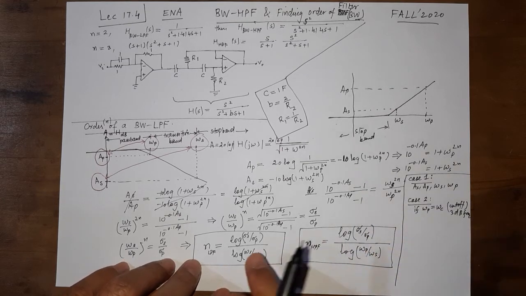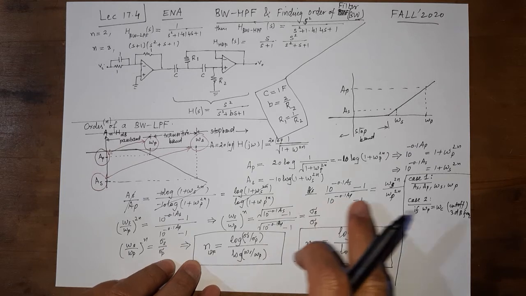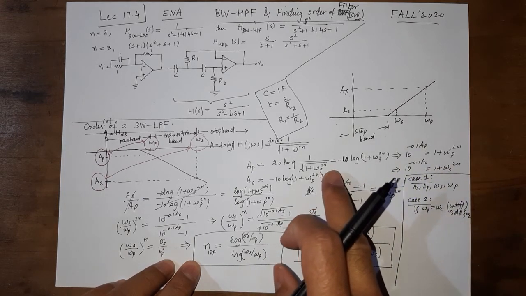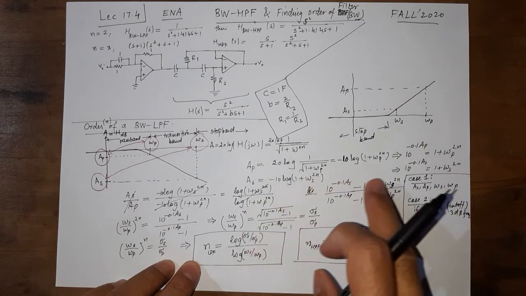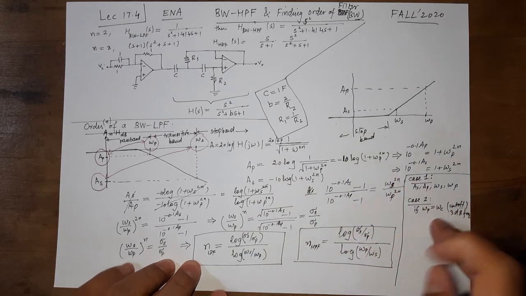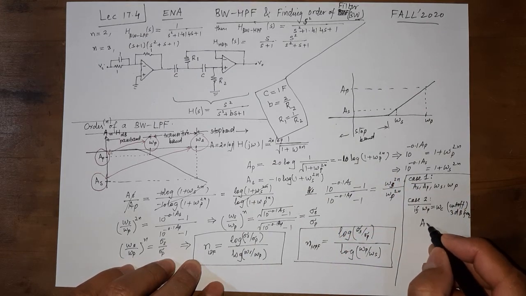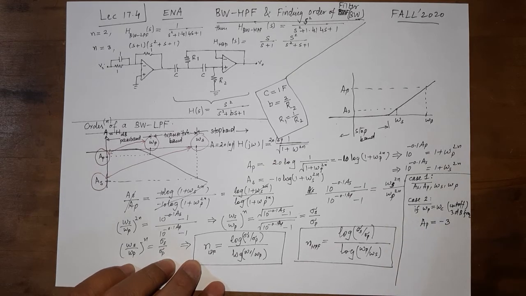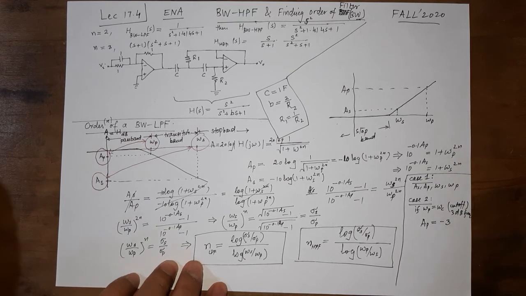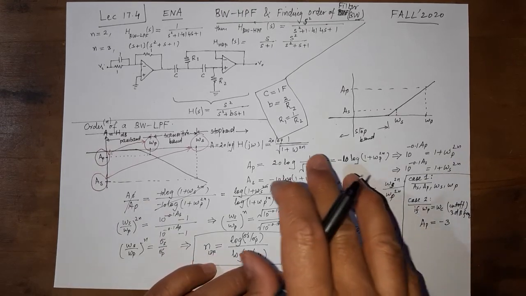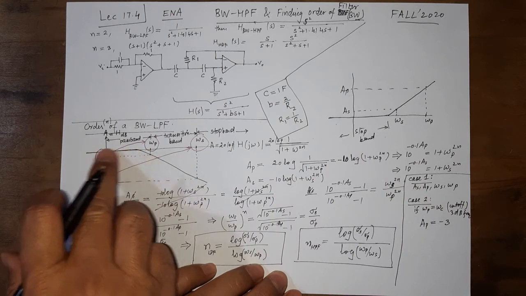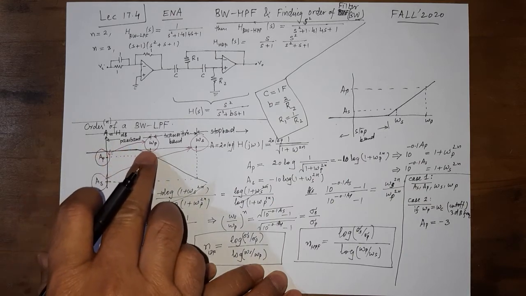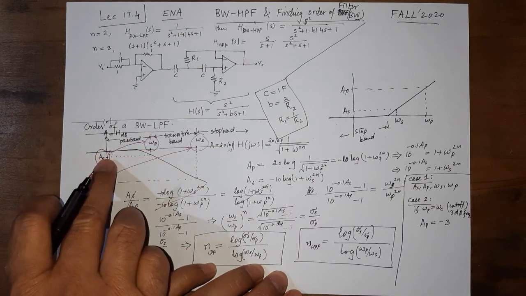then what is going to happen? Omega p is the cutoff frequency, and we know at the cutoff frequency Ap would be -3. Ap would be -3, because if the pass band gain is 0, and omega p is the cutoff frequency, then here it will be -3 dB.